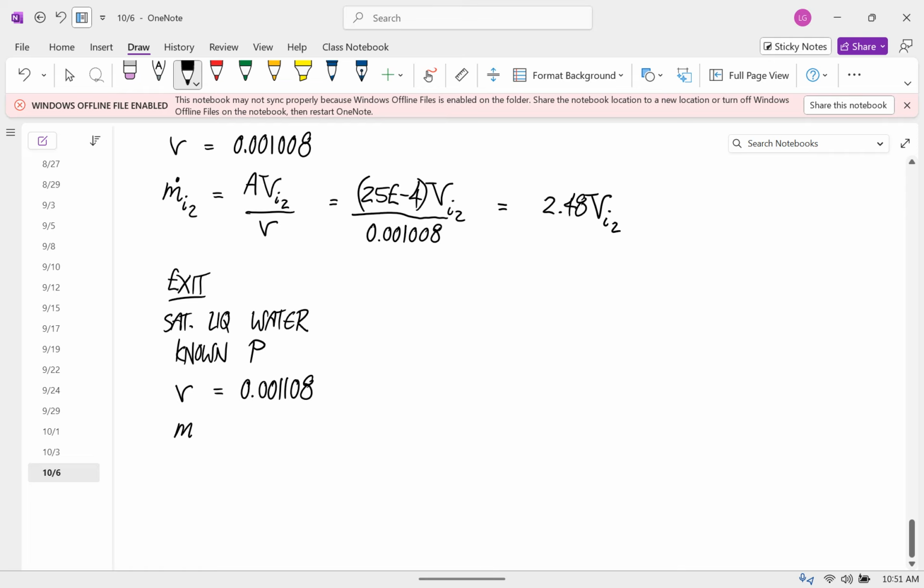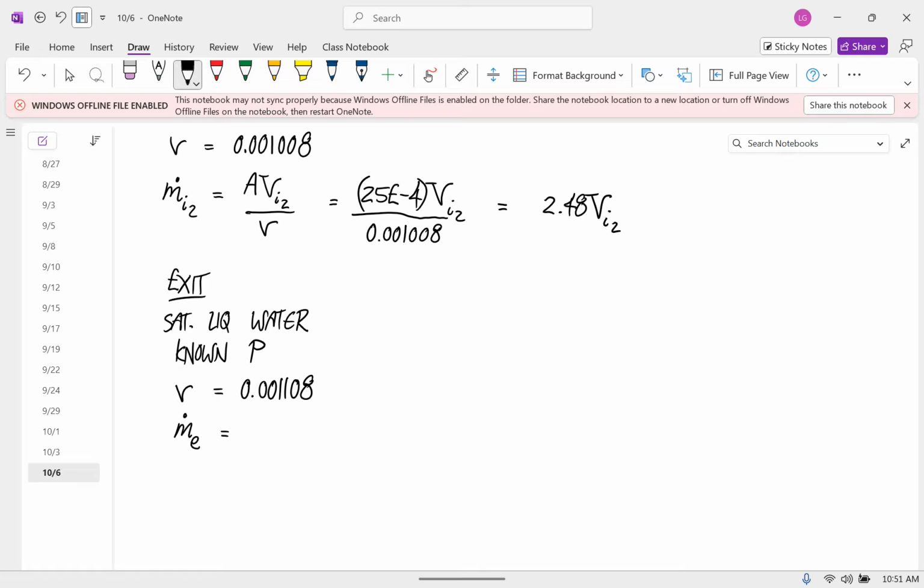Well, the mass flow rate at the exit is equal to, so think about the mass of something is the volume times the density, which is the volume divided by the specific volume.